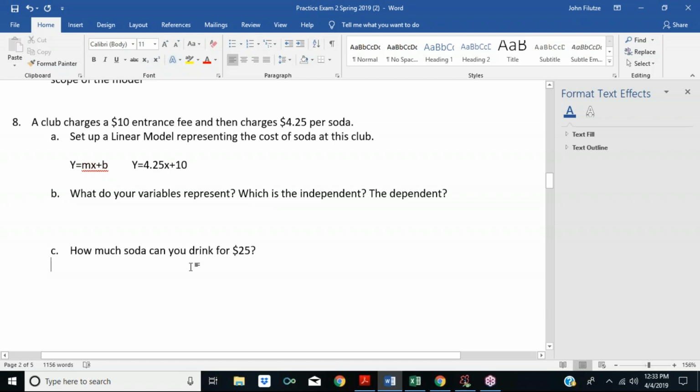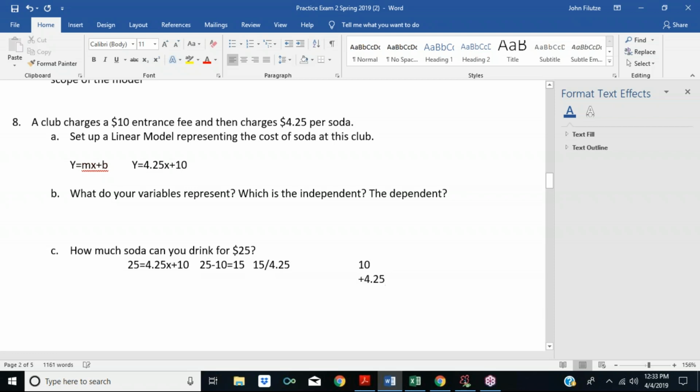And then how much can you drink for 25 bucks? So what you could do is you could say 25 equals 4.25x plus 10, and you can solve that equation. The way we do that is we do 25 minus 10, and then take that divided by 4.25. Another way we could do it is we could start off with our cost, $10, and then we could add the cost of each soda.